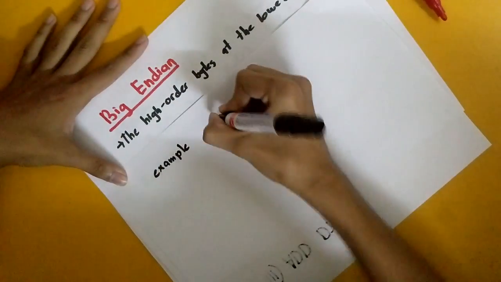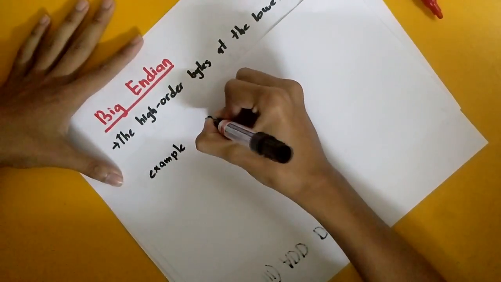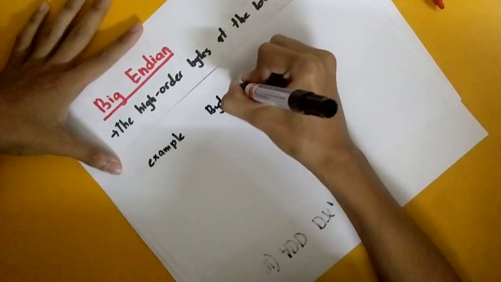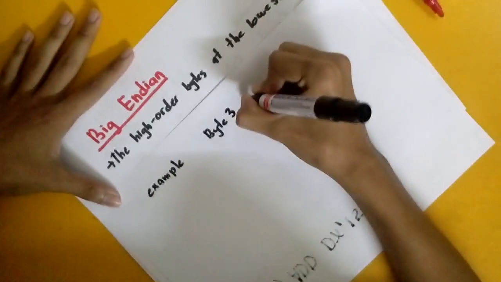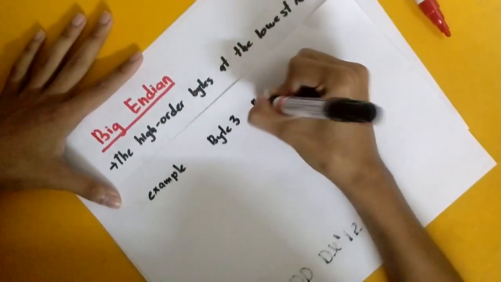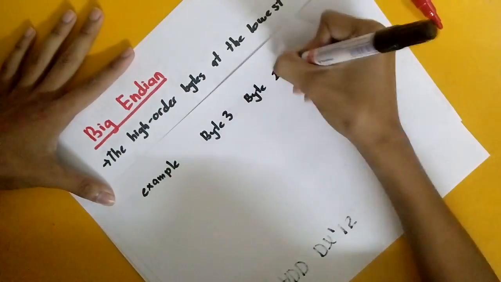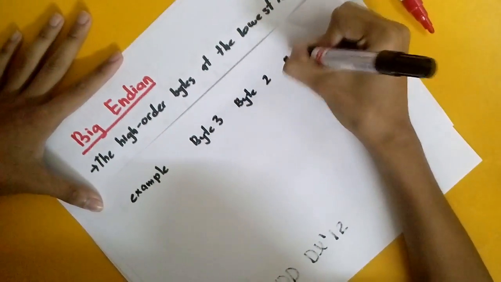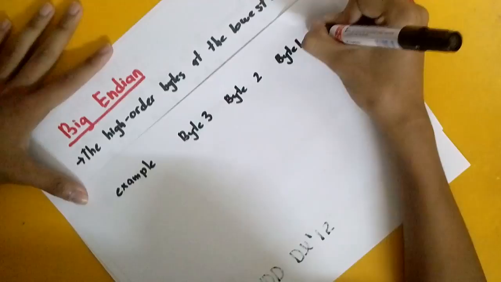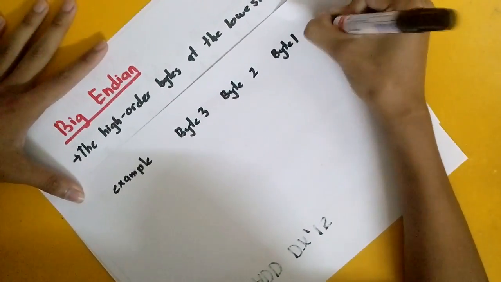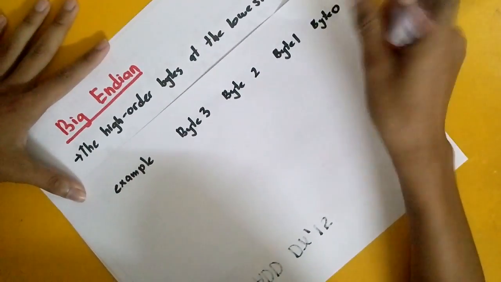We have byte 3, byte 2, byte 1, and byte 0.